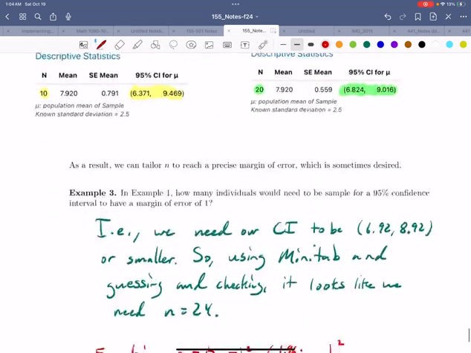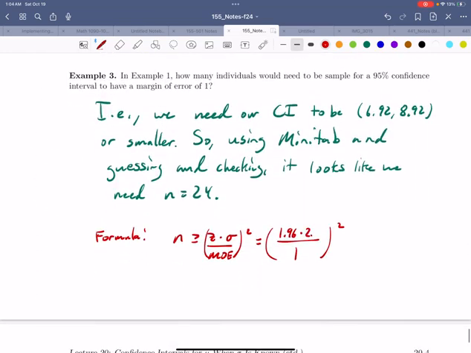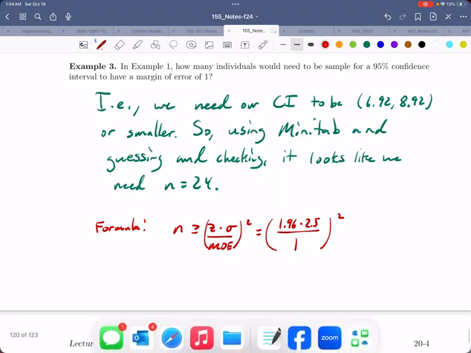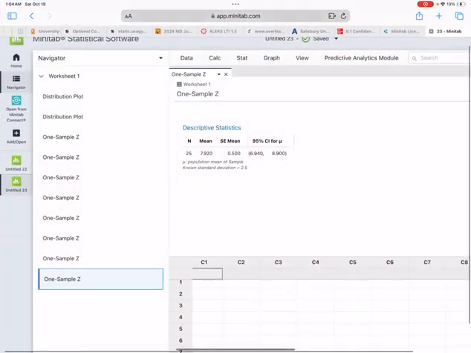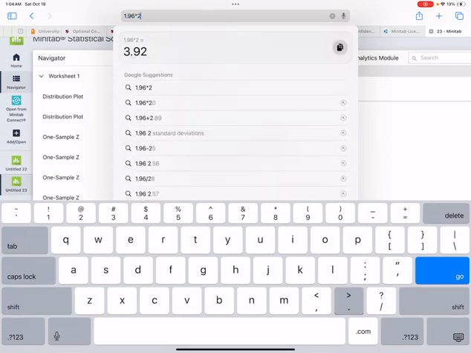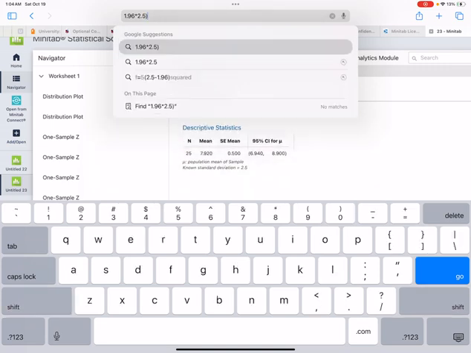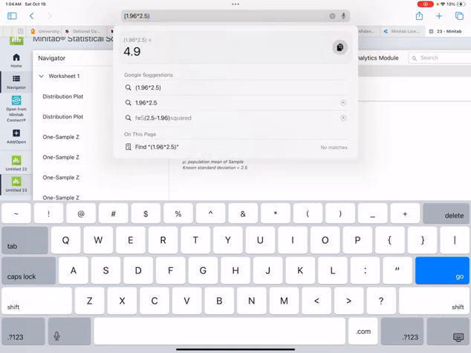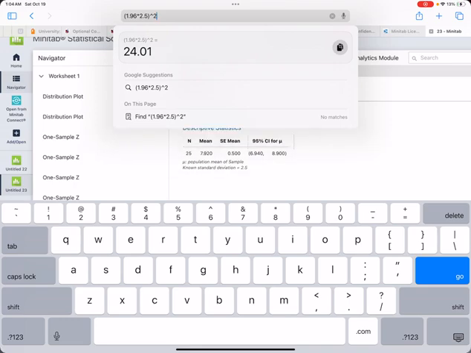Yeah. All right, and then if you do this out, I'm pretty sure it's going to give you about 24.01. Let's do this out: 1.96 times 2.5, and now we're going to square this. 24.01, okay?